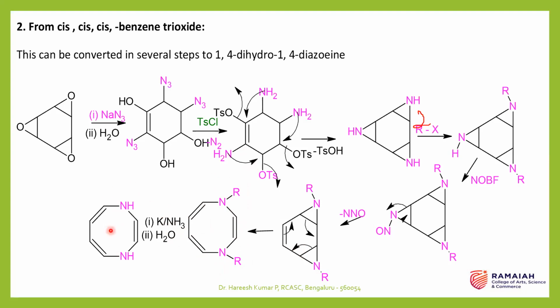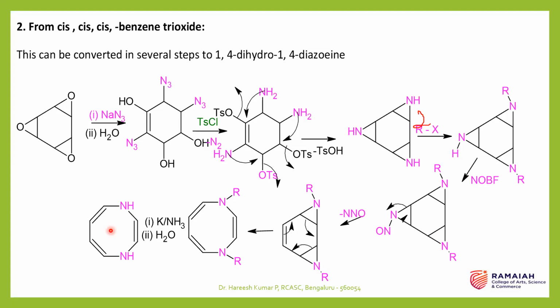The obtained one is called 1,4-diazocine. So these are the 2 methods of preparation of 1,4-diazocine. The first method of synthesis starts with cis benzene dioxide, and the second method starts with cis benzene trioxide. So with this I will go to the next slide.